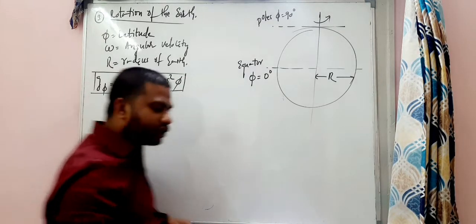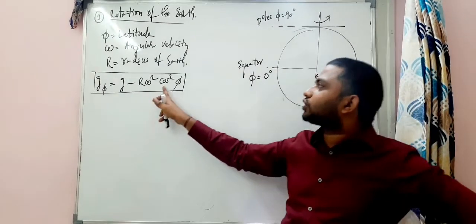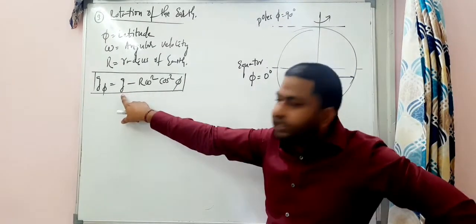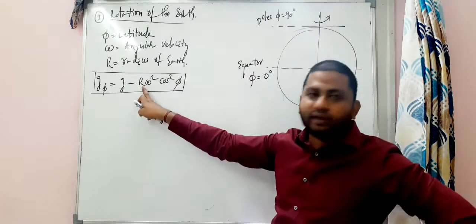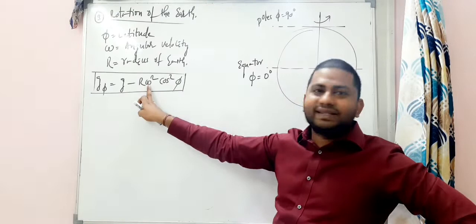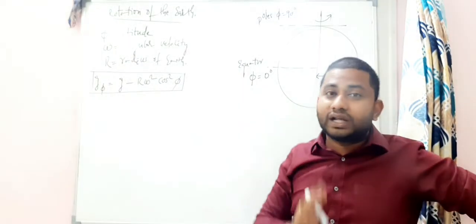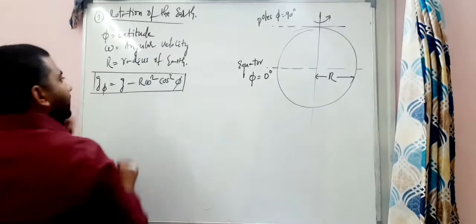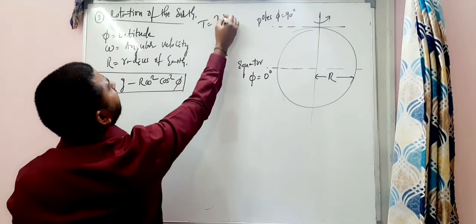Here g is the value on the surface, 9.8, r is the radius of the earth, omega is the angular velocity of the earth, and phi is the latitude.